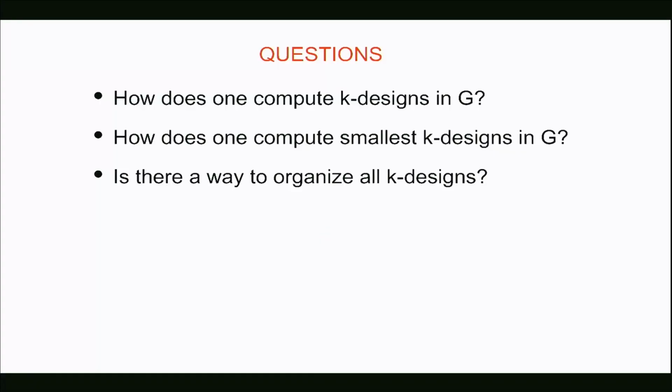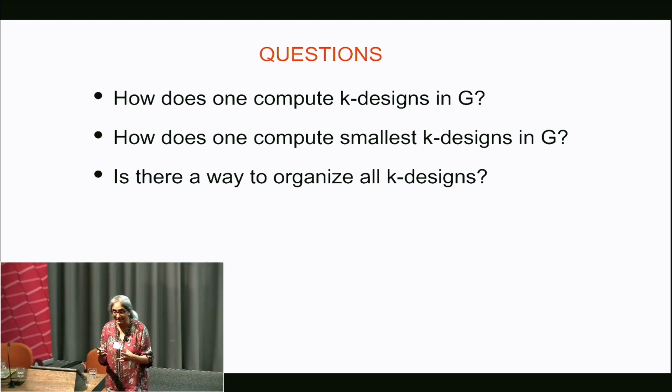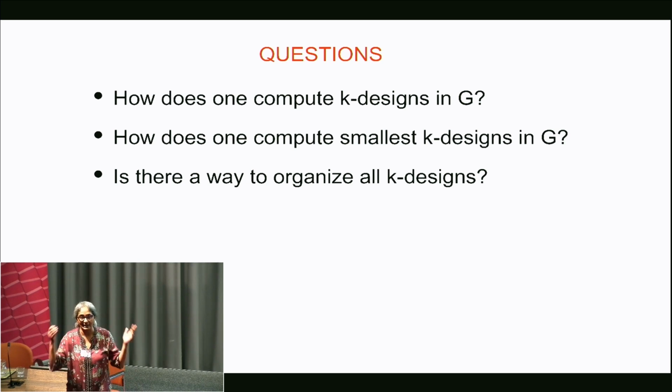Okay, right, so let's come to the questions. The questions we wanted to ask at the beginning were: can we compute these? How do we compute these K designs? Can you compute the smallest K design? That would be most interesting. And then maybe more ambitiously, is there a way to organize all these designs in some clever way?